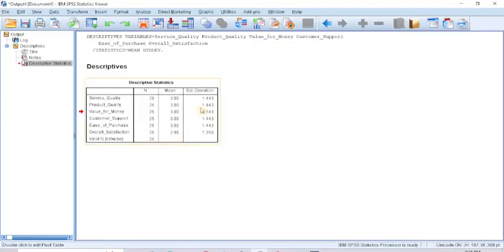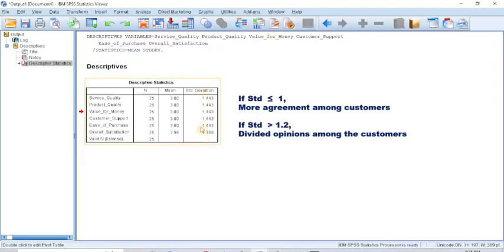On the other hand, if the standard deviation is less than or equal to 1, it means there is more agreement among customers. But if it's greater than 1.2, it means opinions among the customers are divided. So in this table, the standard deviation ranges from 1.369 to 1.443, suggesting moderate to high variability, indicating that customers do not agree consistently.